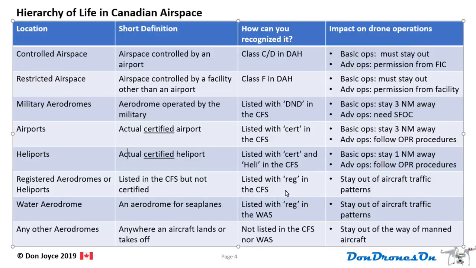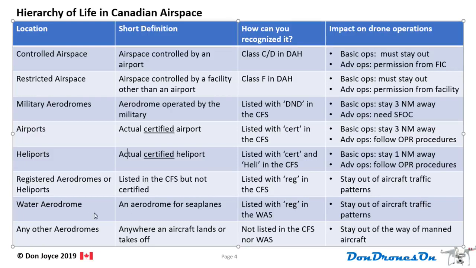In this case, for a registered aerodrome or heliport that is not certified, the only requirement, aside from staying out of the way of manned aircraft, is to stay out of established aircraft traffic patterns, so landing patterns and things like that. Fairly simple, not all that restrictive, in fact.